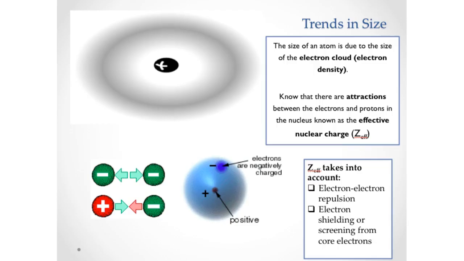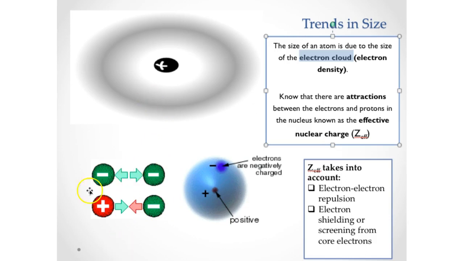Okay, in order to answer that question, we first have to recognize that when there are more orbitals around the nucleus, we call these electron clouds, the size of the atom actually gets larger. And we also have to consider that the more positive the nucleus is, the larger the attraction for the outer electrons.